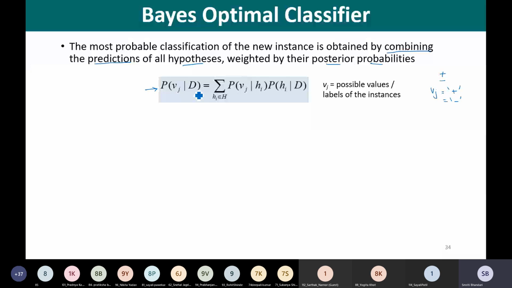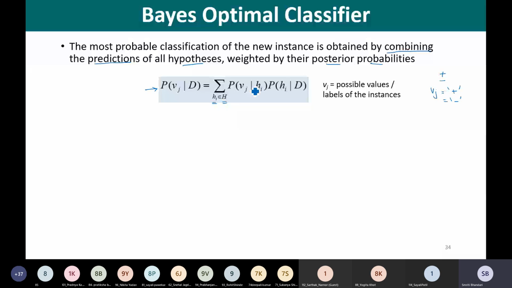So, what this expression indicates is, probability of Vj given D is equal to summation over all the hypotheses in our hypothesis space. We are making use of two probabilities.